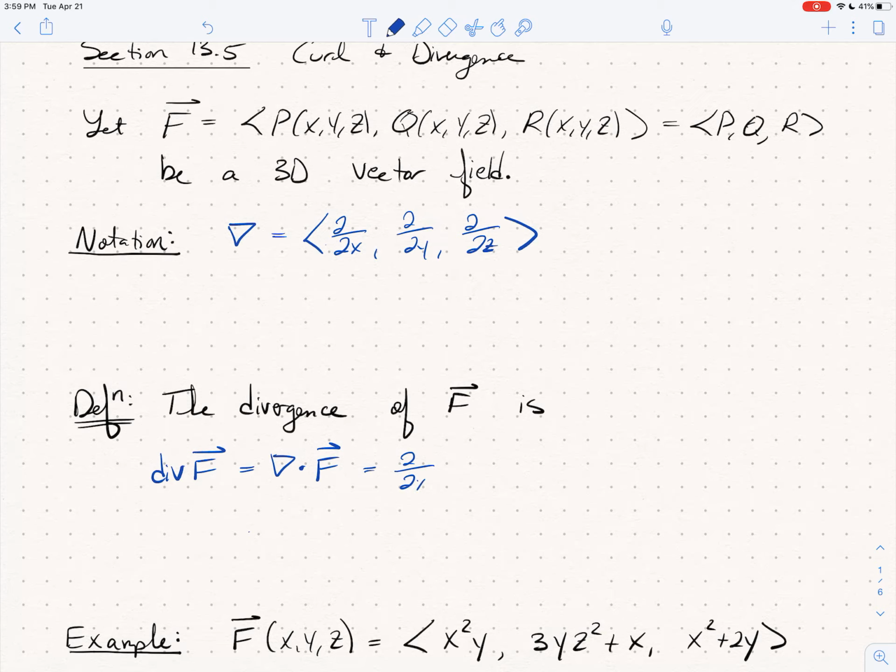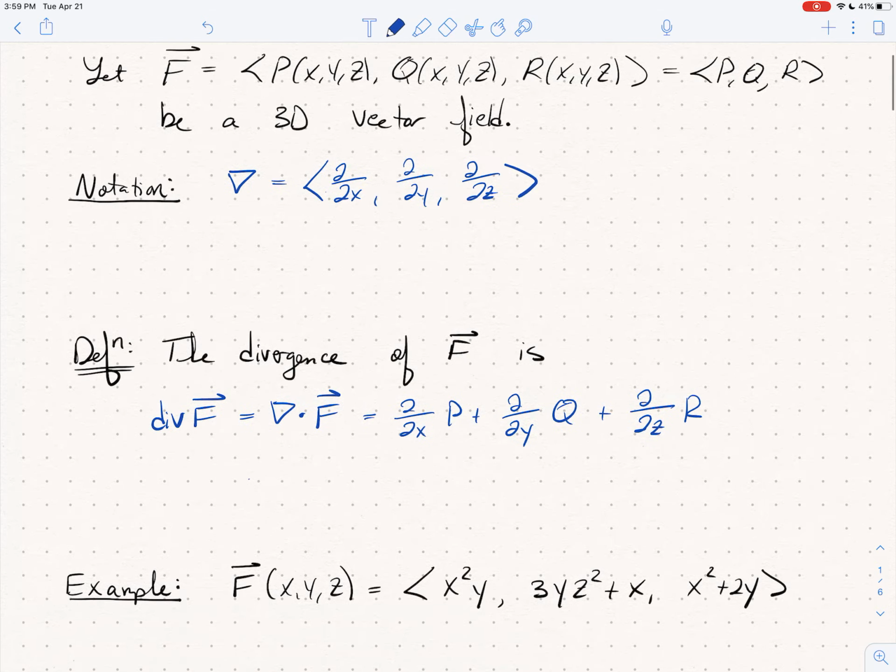And so we get exactly that, partial x of p plus partial y of q plus partial z of r. And so this is just precisely p sub x plus q partial y plus r partial z. We'll say it that way.